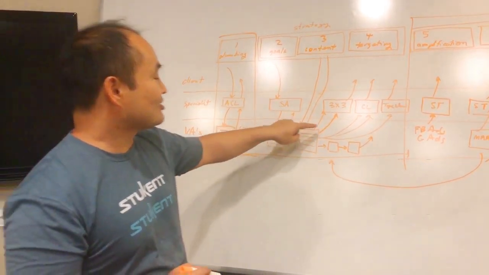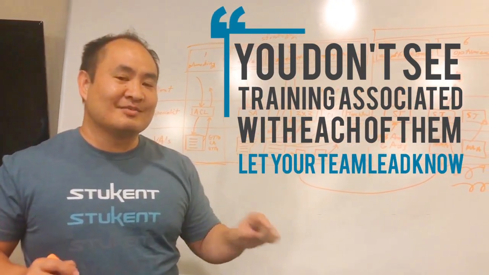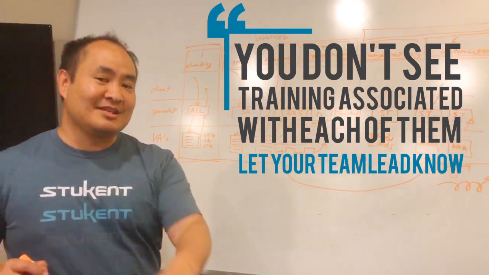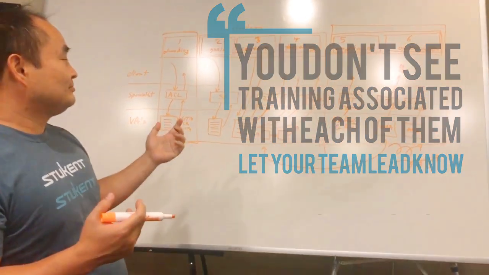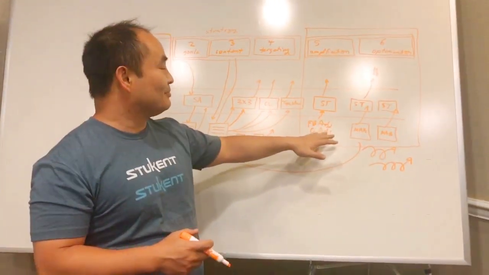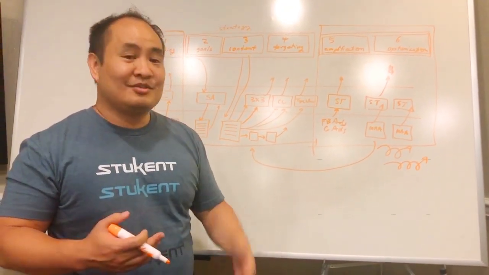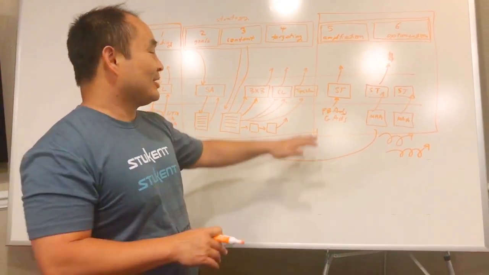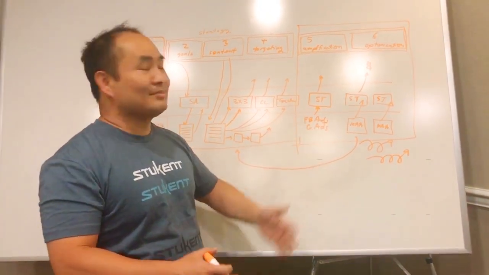If you ever come across a particular task and you don't see training associated with each of them, then you need to let your team lead know that's an issue. Or maybe as you're going through some of the training on how you build Facebook ads, maybe Facebook changes that interface, then you need to let your team lead know so that we can update that associated training. Or maybe Facebook makes something difficult.